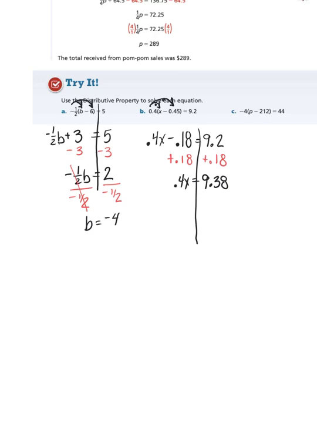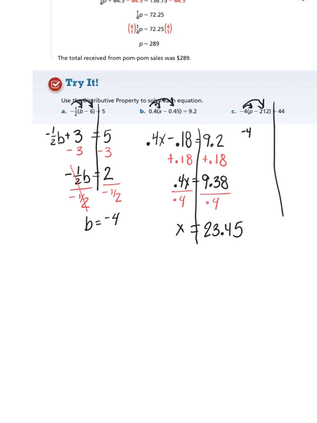All right, opposite of multiplication is division. 9.38 divided by 0.4, x equals 23.45. Okay, and this very last one, again, draw in your arrows, always draw in your arrows.